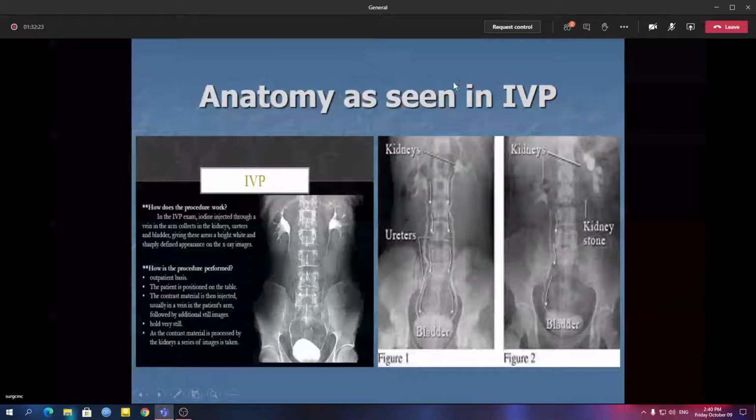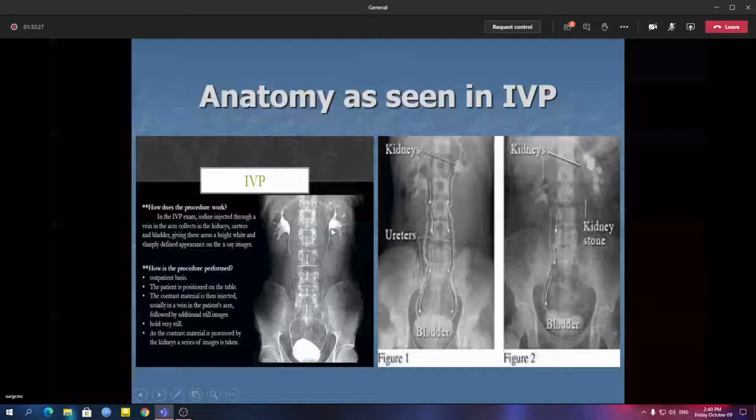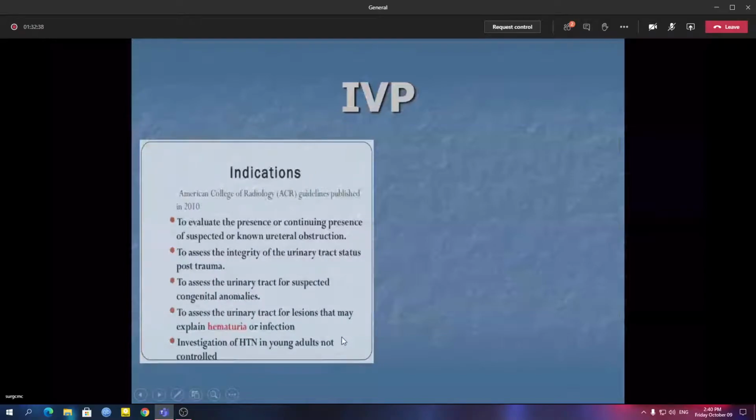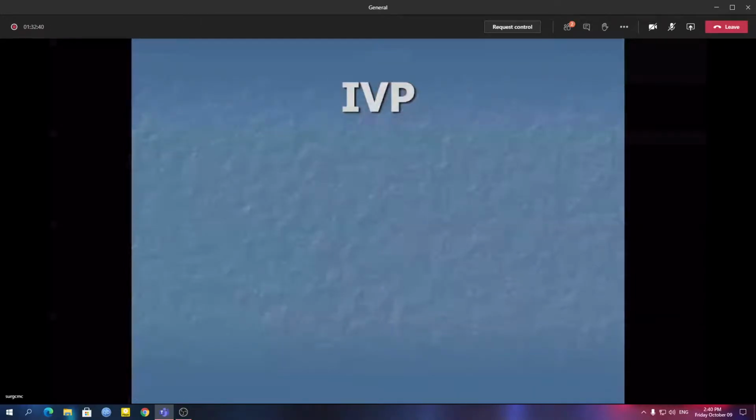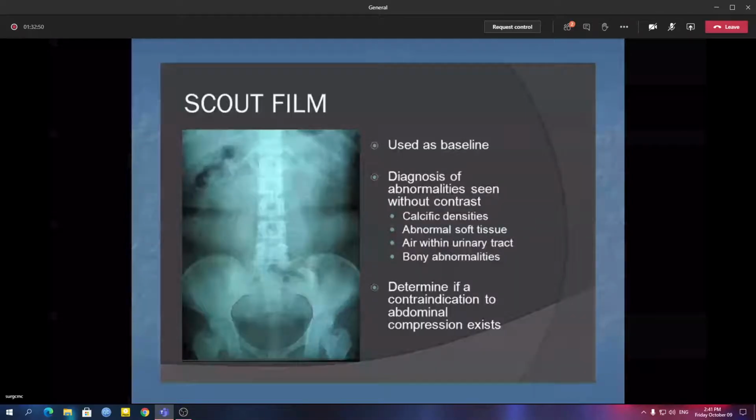So in this plate, I will go for the bigger plates. You can see the pelvicalyceal system on both sides, both the ureters coming down into the bladder. That is the normal picture in an IVP, intravenous pyelogram. Always do a scout film before going for IVP, to compare with any abnormality if at all detected.